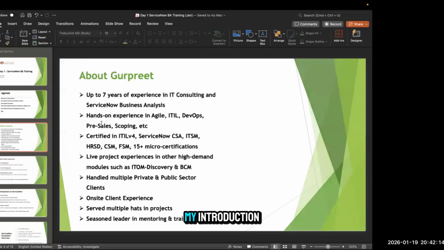I will begin with my introduction. My name is Gurpreet, and I have been working as a ServiceNow business process consultant for several years. I help global clients design their automated workflows, especially in HR, IT, and operations. I have hands-on experience in Agile, ITIL, DevOps, pre-sales, and scoping, and I'm certified in ITIL V4.